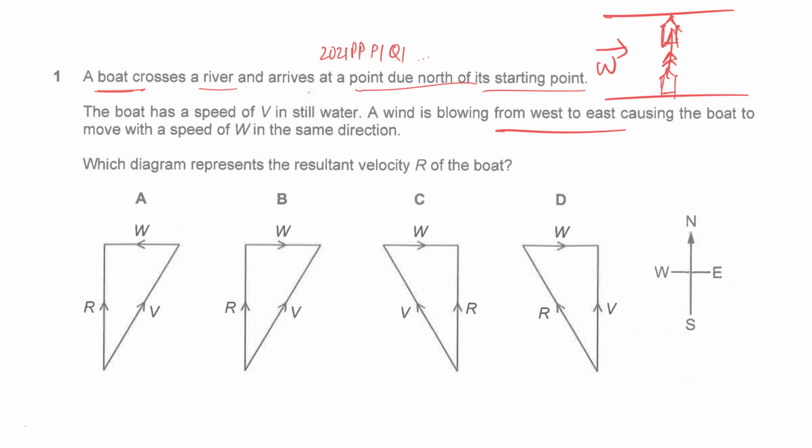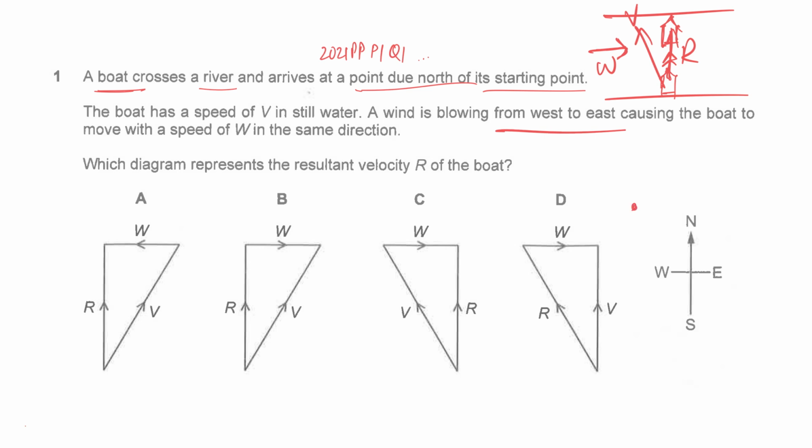Now because there are two, you should know that because the resultant is just due north and there's wind blowing to the right, the velocity due to the engine must be somewhere in this direction. But if you look at all the options here, all are in terms of the tip to tail method, so let's start with something we are familiar with, which is the parallelogram.